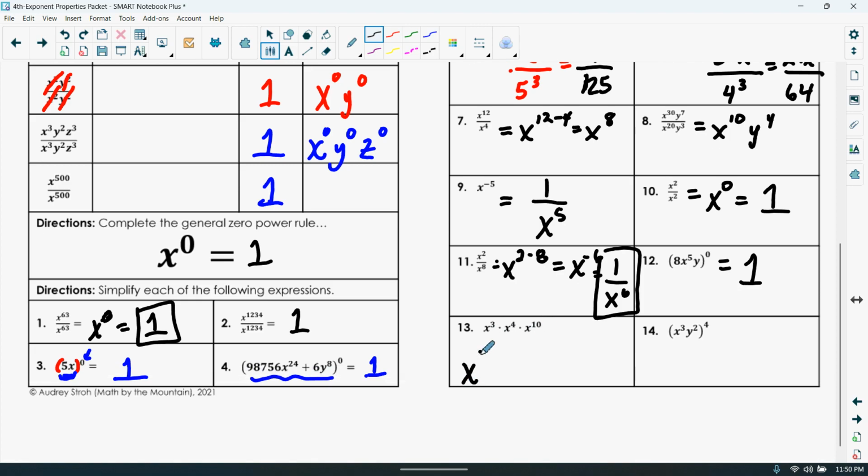So we're doing 3 plus 4 plus 10, which is x to the 17th. And here we're multiplying each exponent. X to the third times the 4, y to the second times the 4. So x to the 12th, y to the 8th.